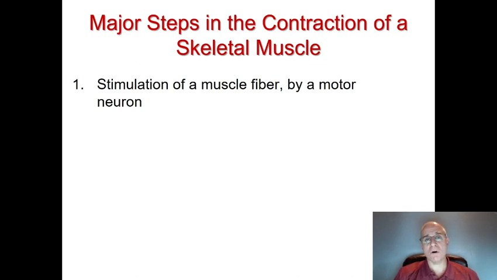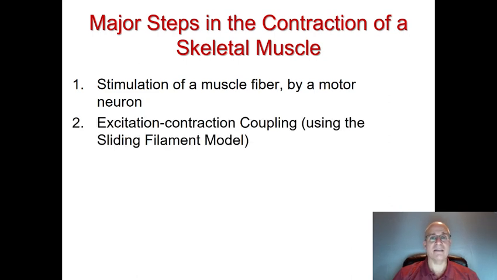So before a muscle fiber can actually contract, a motor neuron actually has to stimulate it with an action potential. After it's been stimulated, then the muscle can contract using what we call excitation-contraction coupling, using what we learned in the sliding filament model, where those actin and myosin slide over one another.